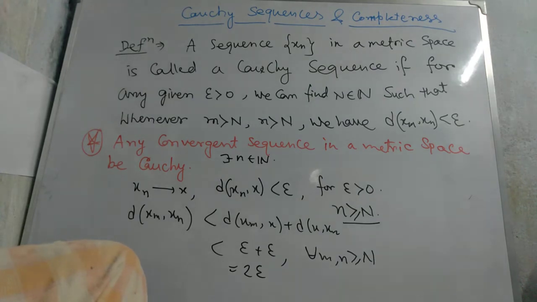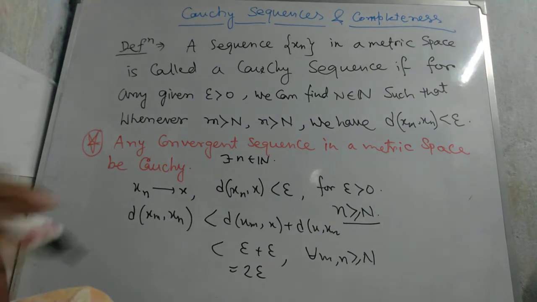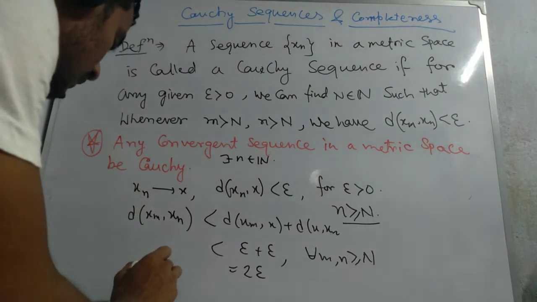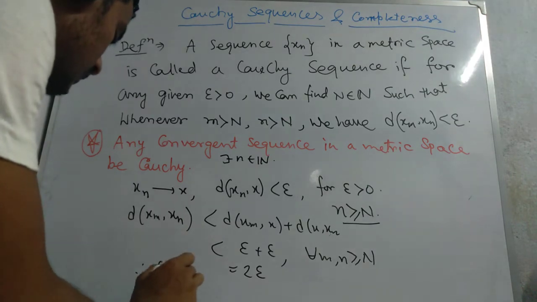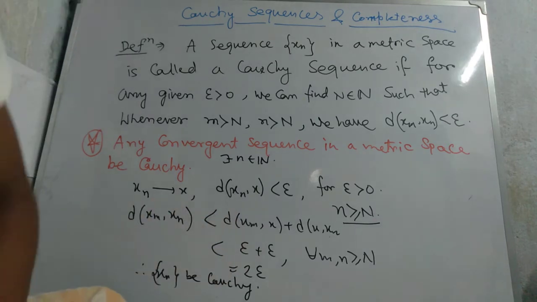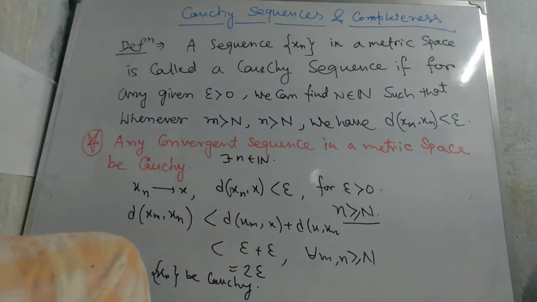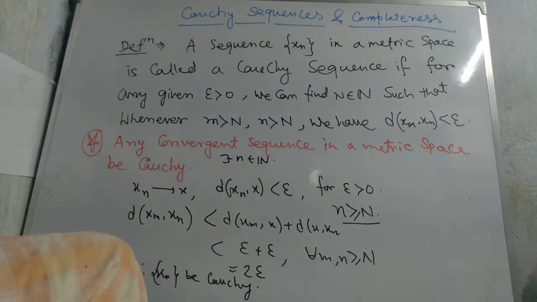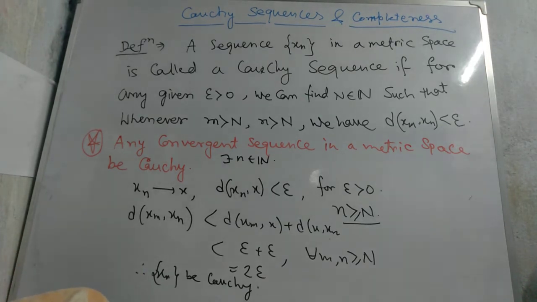Then we show that x_n is Cauchy. Now we erase this portion.